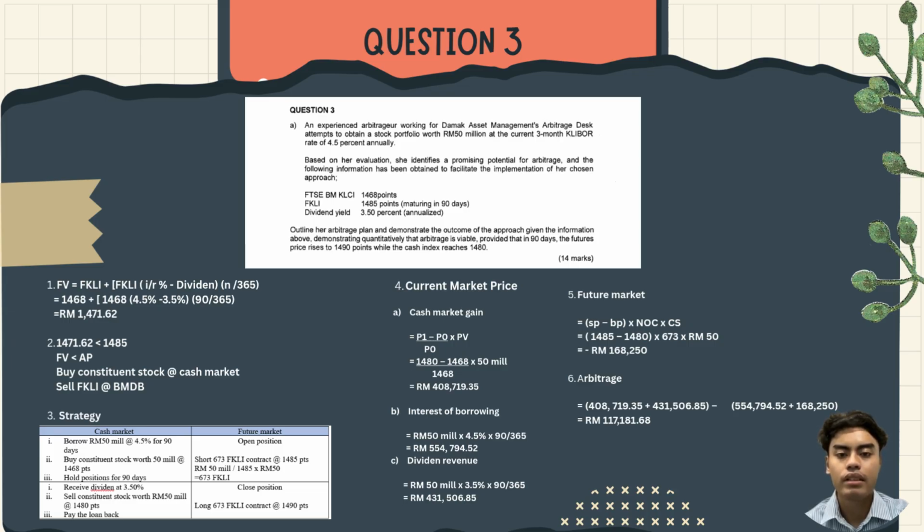After combining all the cash market gains, dividend income, borrowing costs, and futures loss, the final arbitrage profit is 117,181.68. This shows that the arbitrage is still profitable even though there is a loss in the futures market.